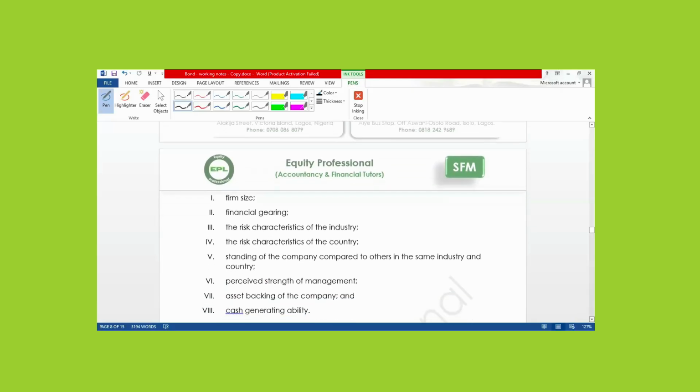Number six, perceived strengths of the management. That is the quality, the integrity and the competency of the management team. All this will have impact on the company's credit rating.